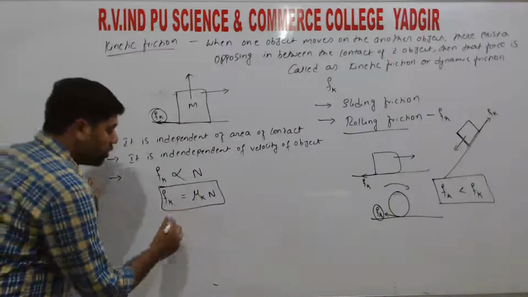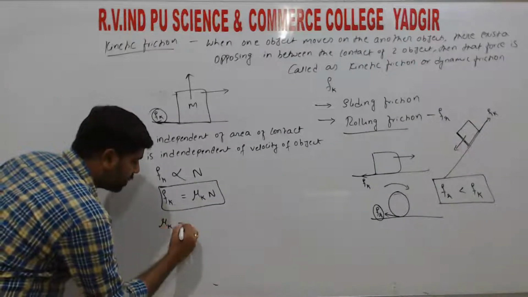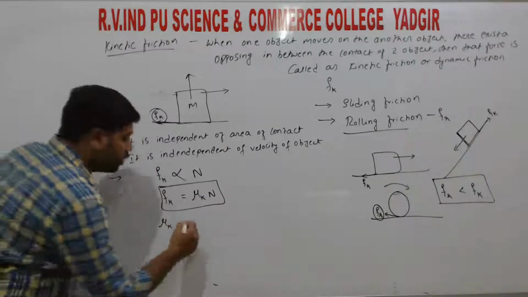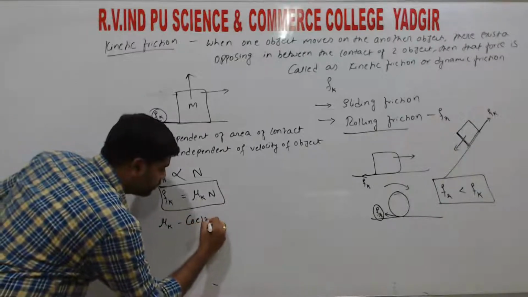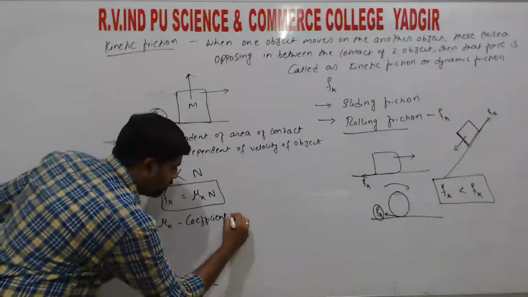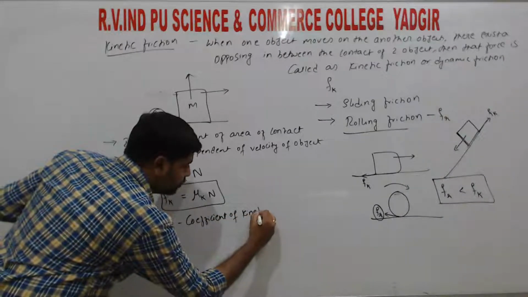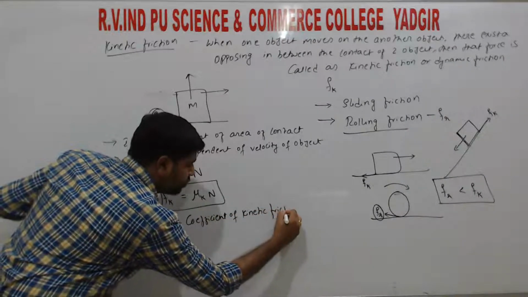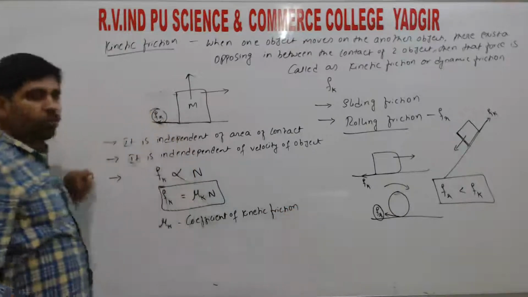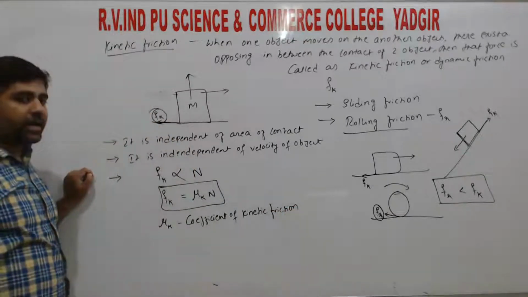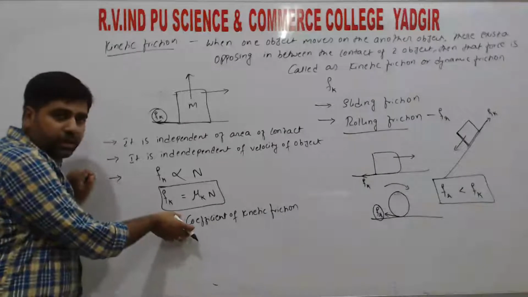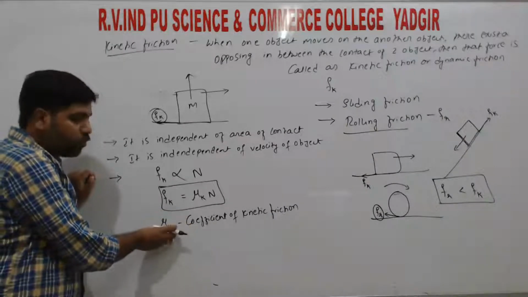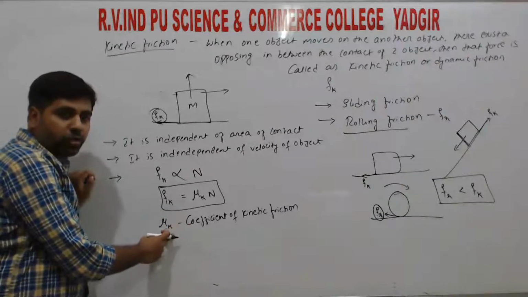Where mu k is a constant, the proportionality constant, and we define it as the coefficient of kinetic friction. Mu k is a unitless quantity, it has no units, right?